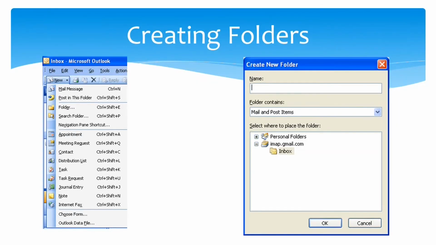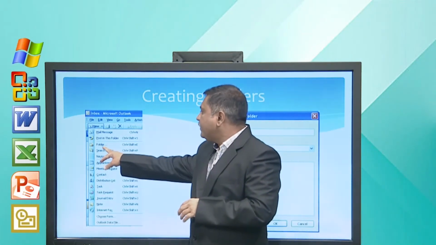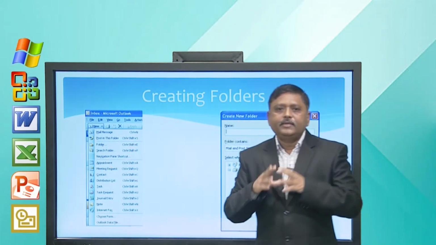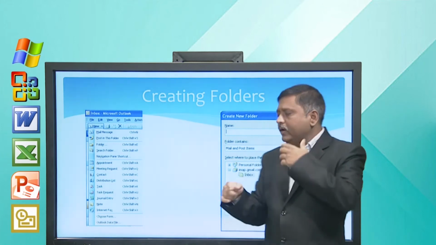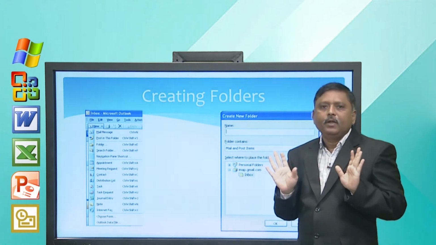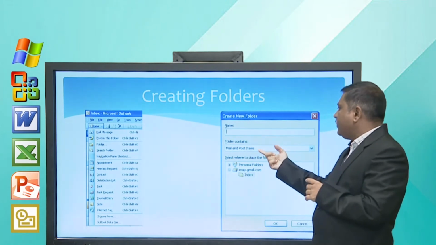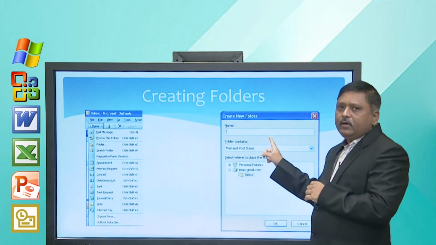Next part is to manage your emails. To manage your email, we can have folders. So, creating a folder is very easy. You have to go to New and then press Folder, and when you click on this folder, it will open this dialog box where you just need to type your folder name, and where you want to put this folder, that you can decide from folder contains.